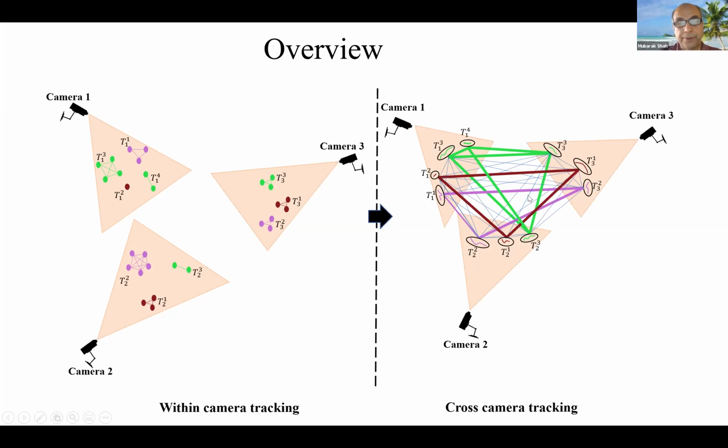This is the same person, visible in 3 cameras, and even though this track was broken, leveraging multiple camera tracking we can find out that these 2 tracks can be stitched. Similarly, this is another person who's brown, and this is another person. That's what we want to do.